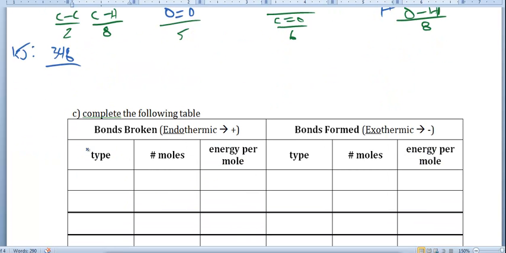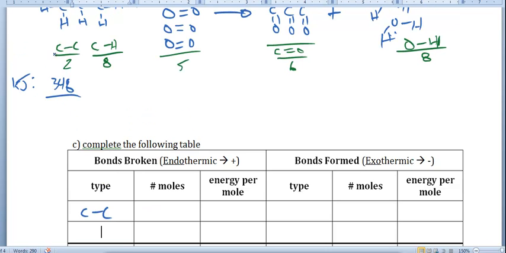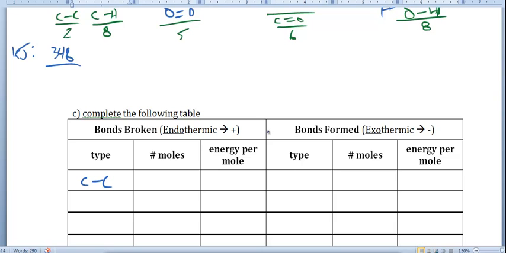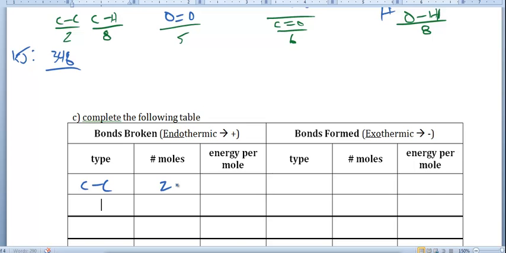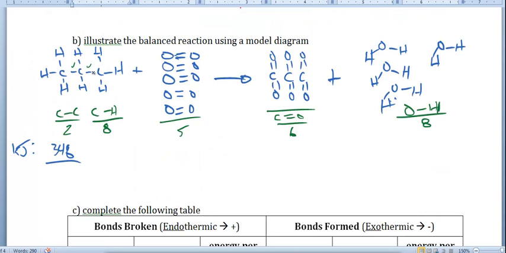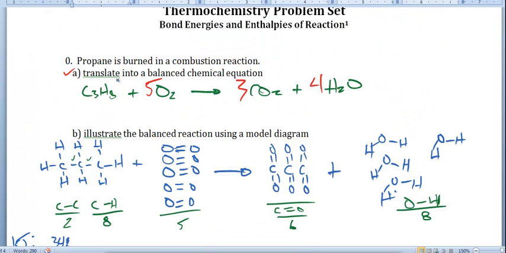Let's go down here and start to fill in our table. Carbon-carbon single bond. We have 2 moles of those. Now, why am I saying 2 moles? Well, because in the balanced chemical equation, we know the equation says there's 1 mole of propane that reacts with the rest of this stuff.